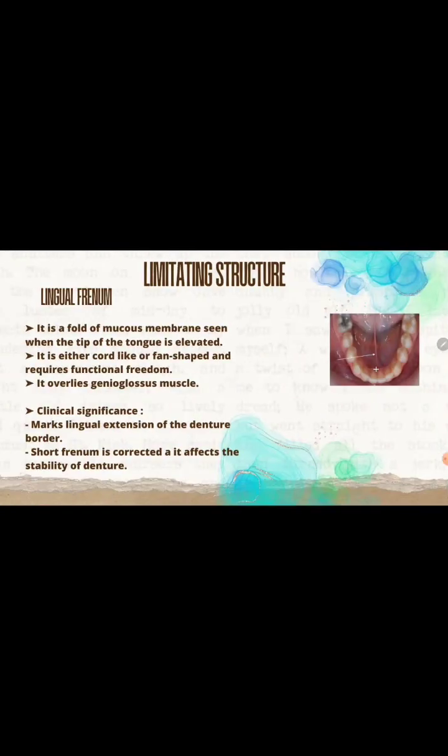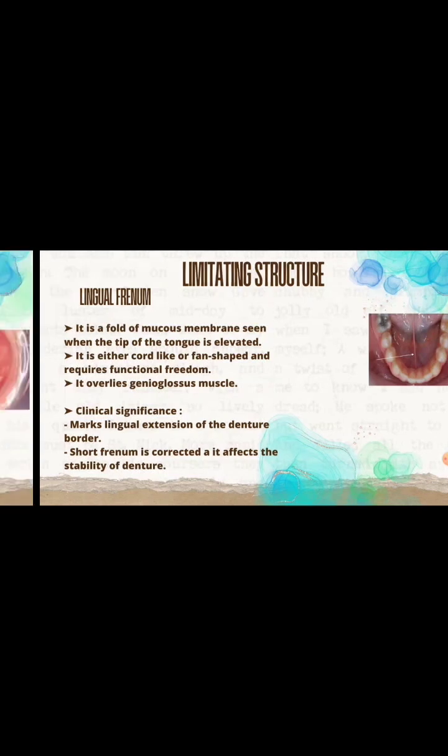Lingual frenum is a fold of mucous membrane seen when the tip of the tongue is elevated, cord-like or fan shaped. The clinical significance is the lingual extension of the denture. The frenum can affect the stability of the denture.